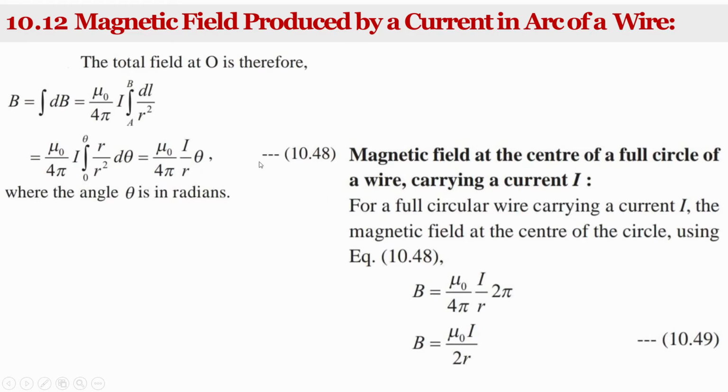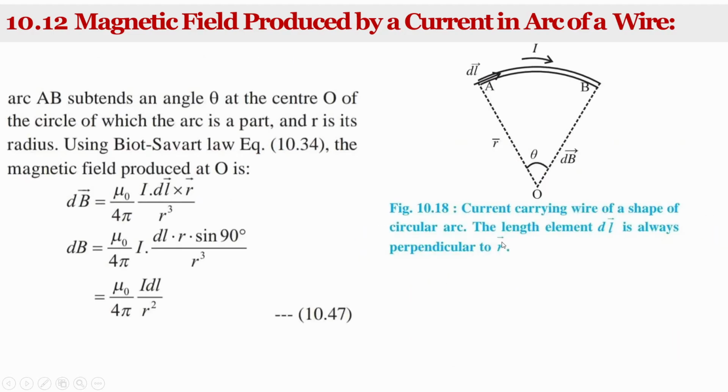So we substitute theta equal to 2 pi. The 2 and pi cancel, so the remaining is B equal to mu naught I upon 2r. That is the formula for the magnetic field at the center of a full circle of wire carrying a current I.